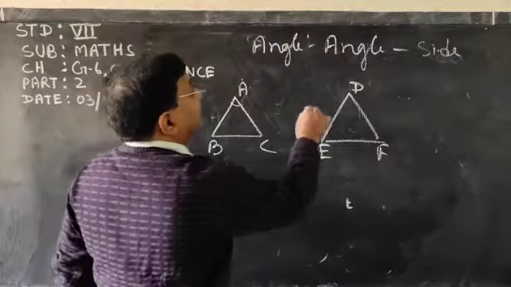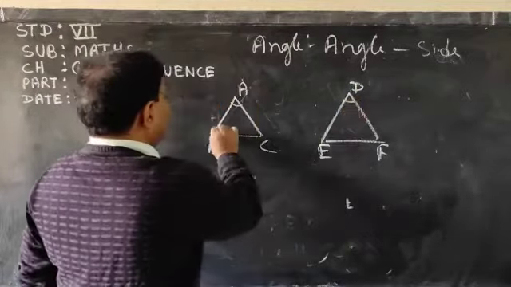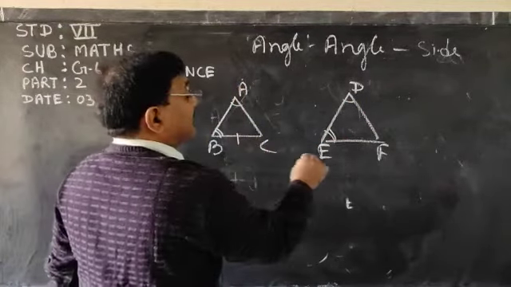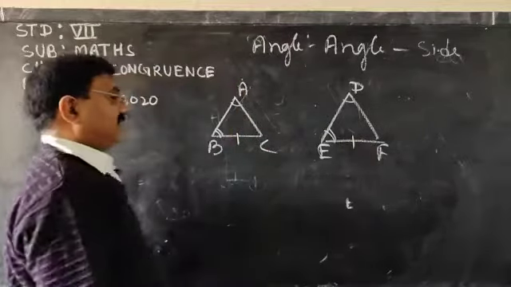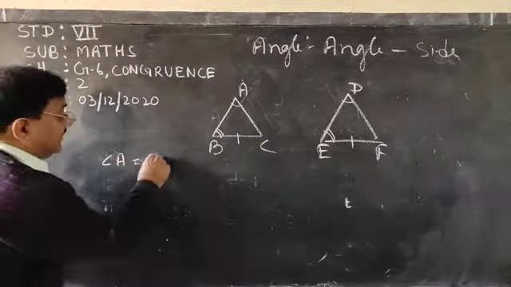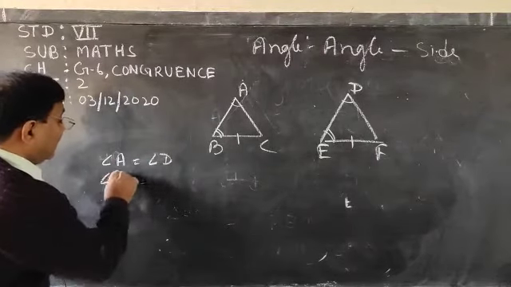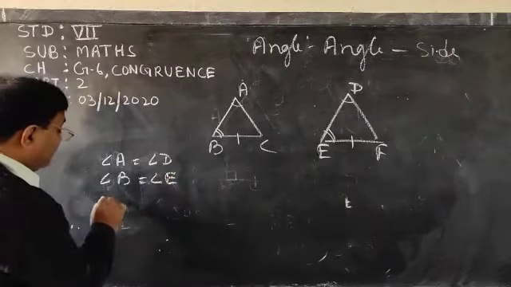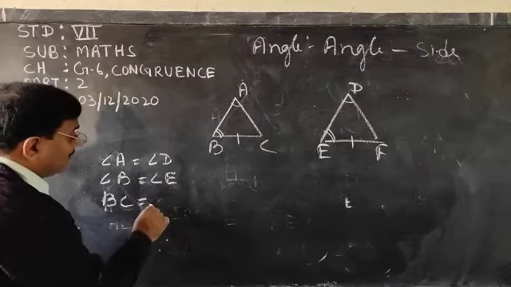Here angle A is equal to angle D, angle B is equal to angle E, and BC is equal to EF.